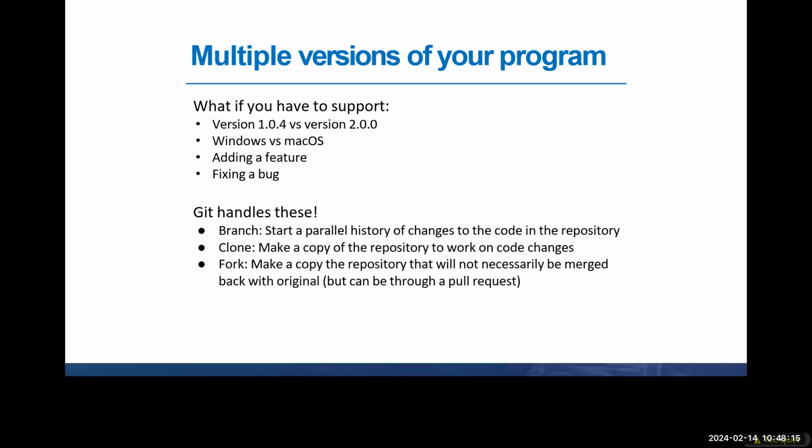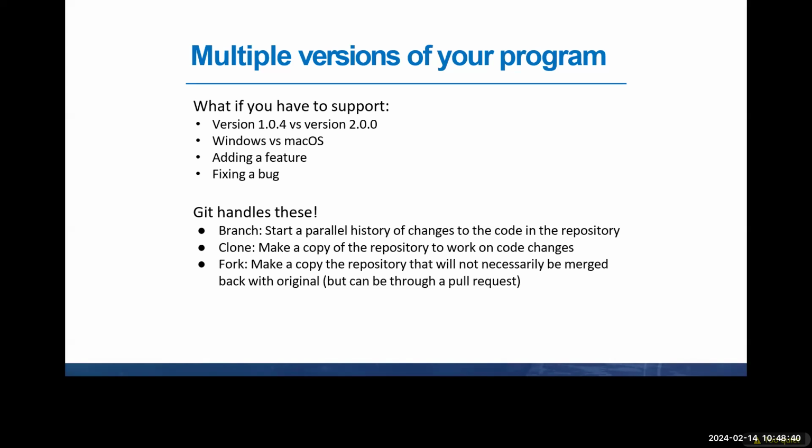Or, for example, you are working on Windows and your friend is working on Macintosh, and you are both working on the same project. What if you want to add some feature to your project, or fix a bug? So what will be the solution for this?